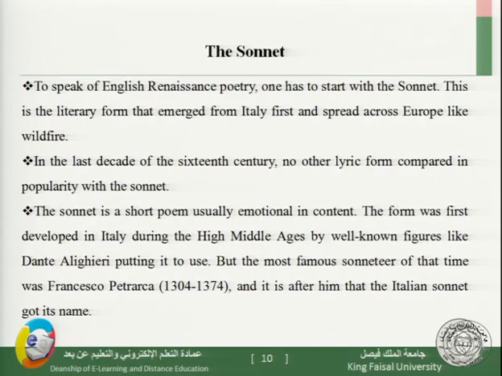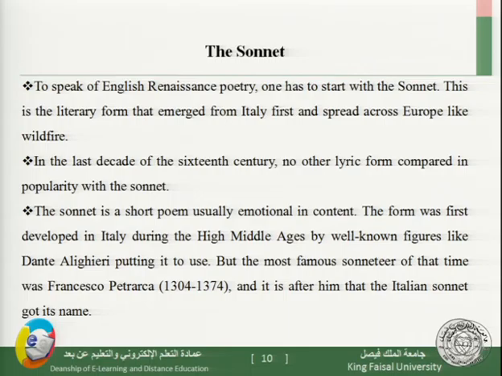The sonnet is a short poem, usually emotional in content. The form was first developed in Italy during the Middle Ages by well-known figures like Dante Alighieri.